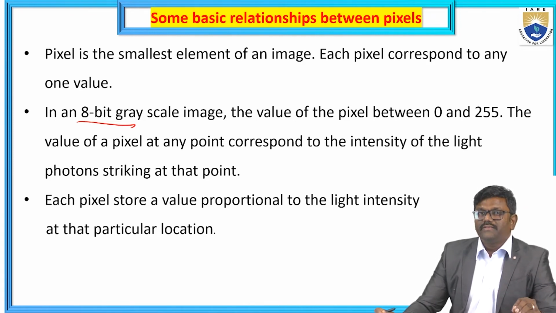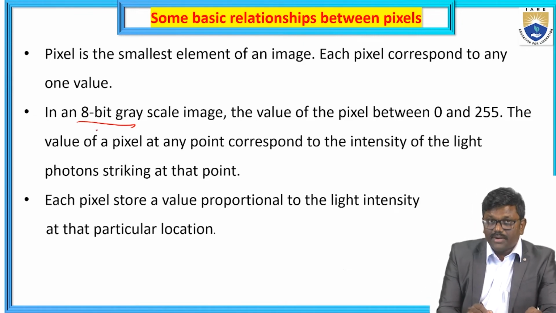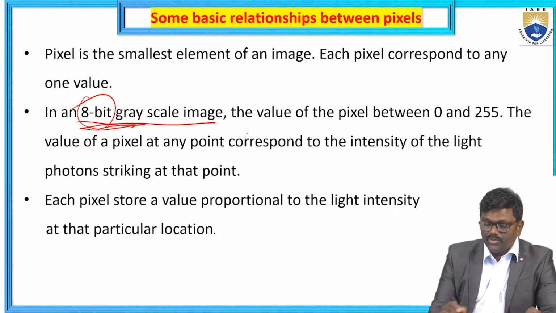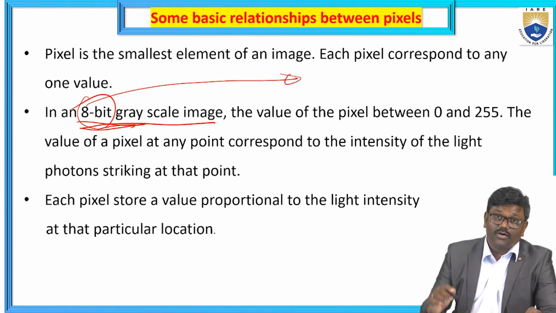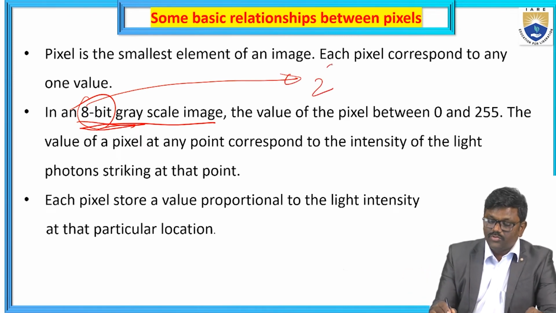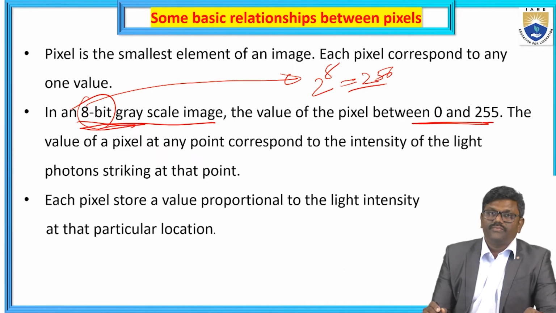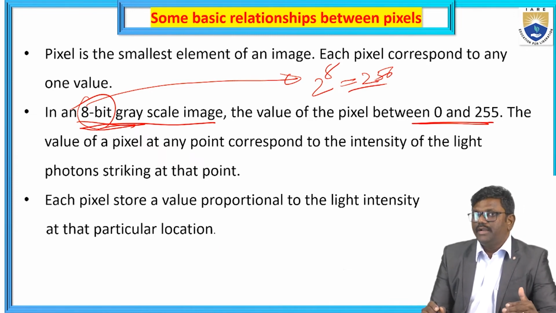Being an 8-bit grayscale image, how many gray levels will come? Because it is 8-bit, the number of gray levels is 2 power of 8, which is a minimum of 256. So we consider the pixel values in the range 0 to 255, starting from 0 and ending with 255.